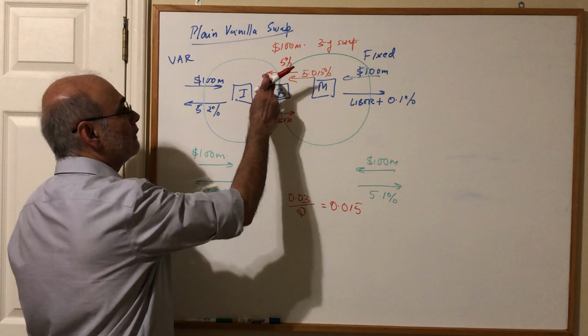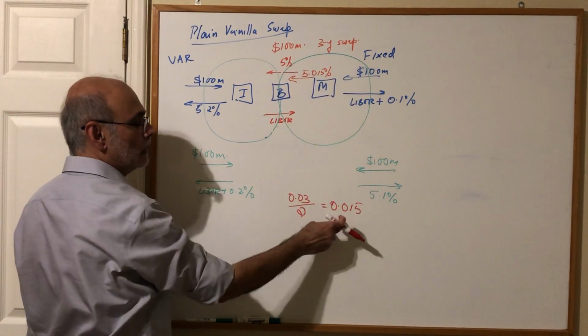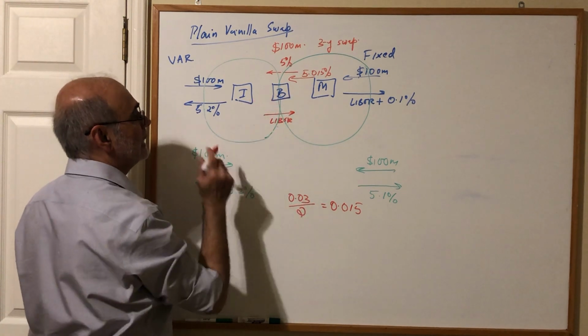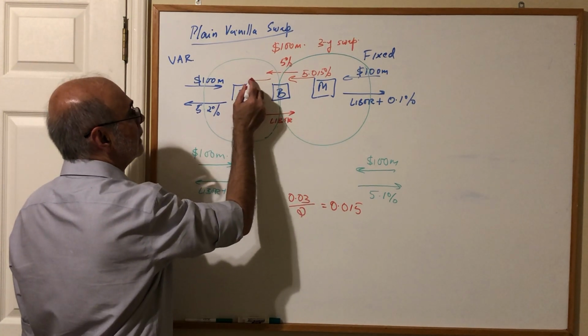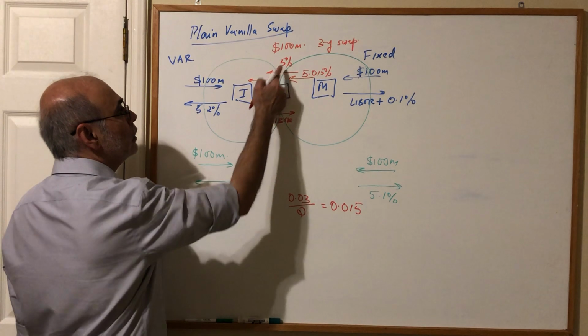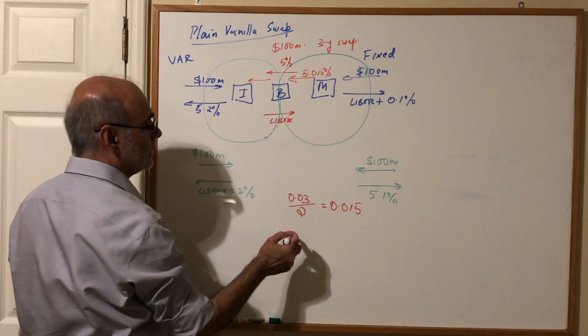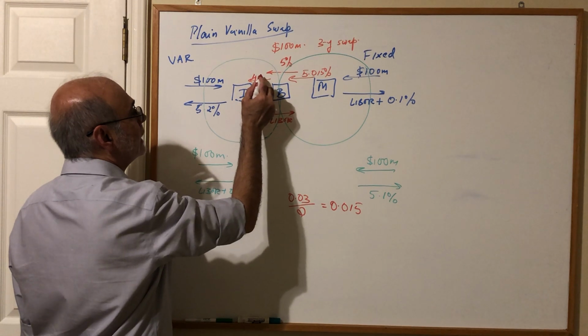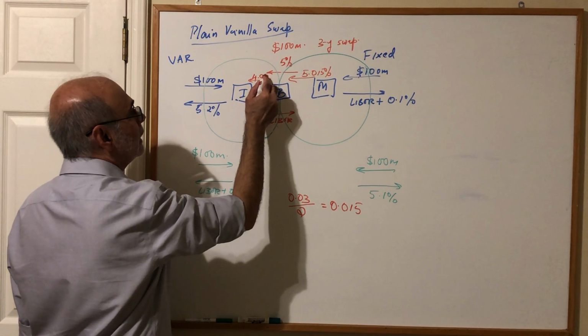Okay, so Microsoft pays 5, but an extra 0.015% to cover the commission that this fellow wants. And Intel won't receive 5, but it'll receive 4.985%.